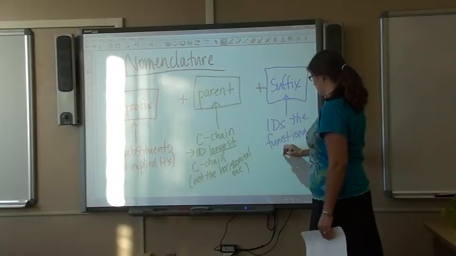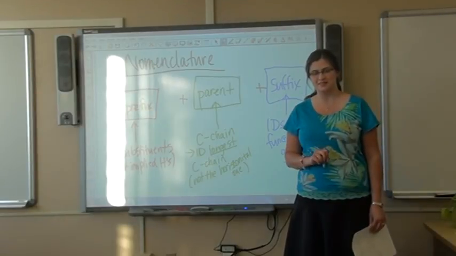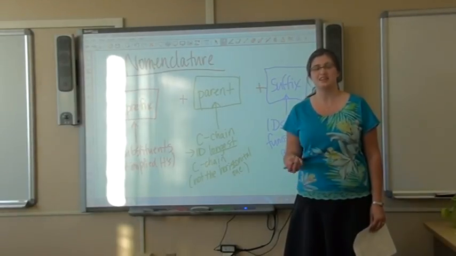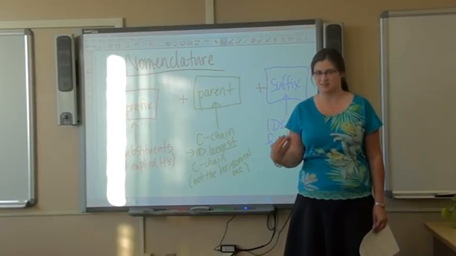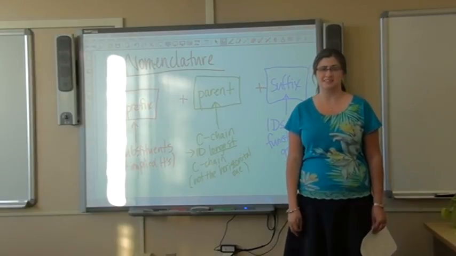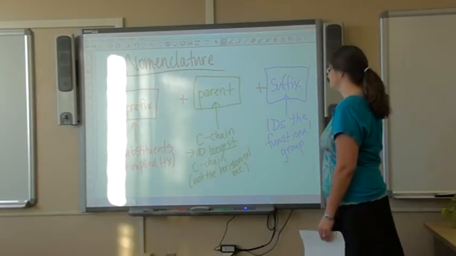The fun thing about nomenclature in organic chemistry is that just by looking at a compound's name, you can tell what type of functional group it has in it. And the whole process is the same for everything, and it's great, it's easy, and it's fun, and I don't think you should have any problem with it.